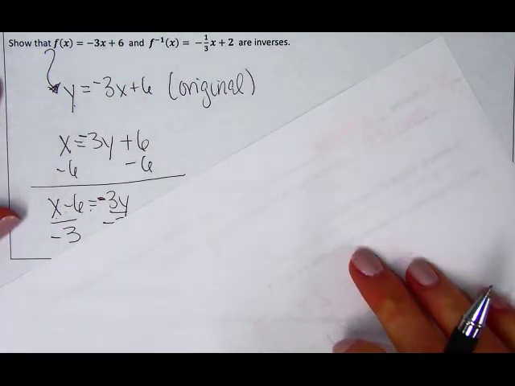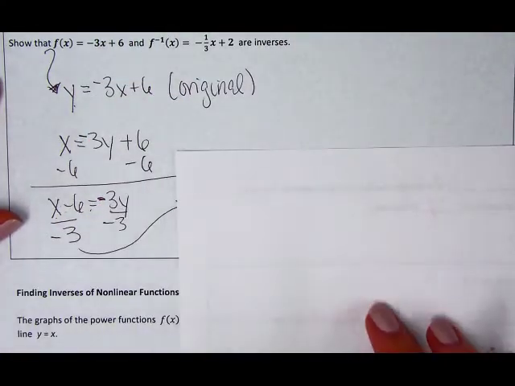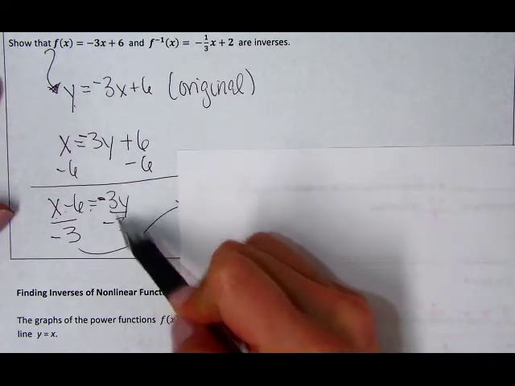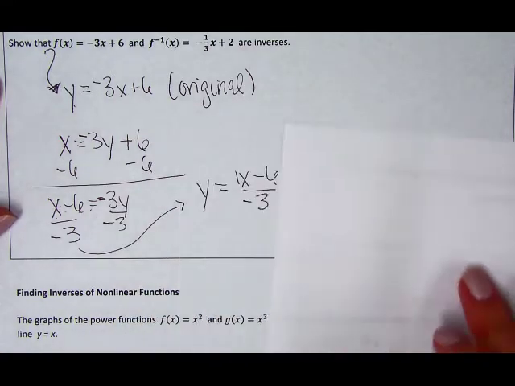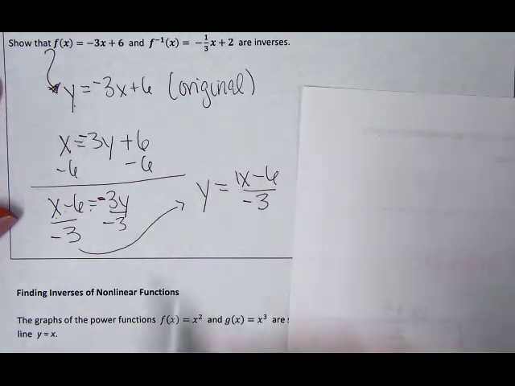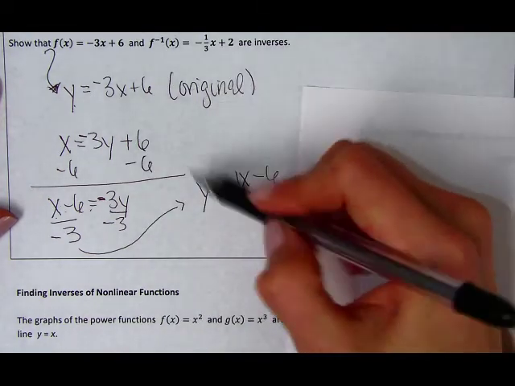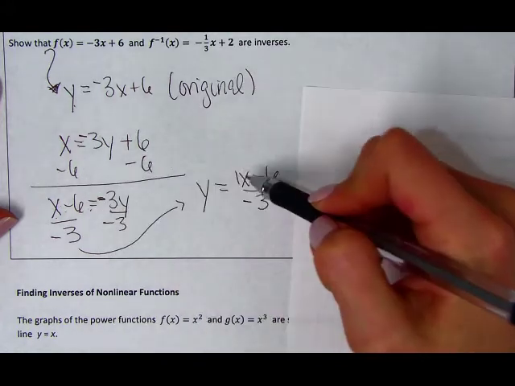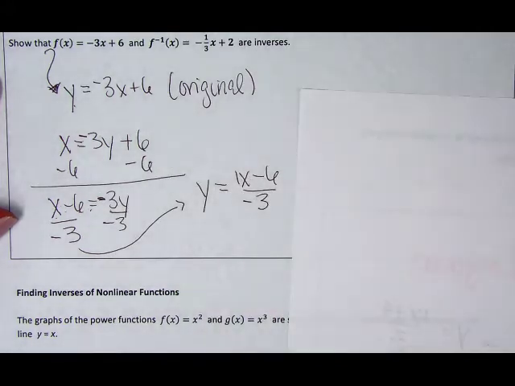I'm going to divide both sides by -3, and my -3's cross out. I'm left with y equals x minus 6, all divided by -3.